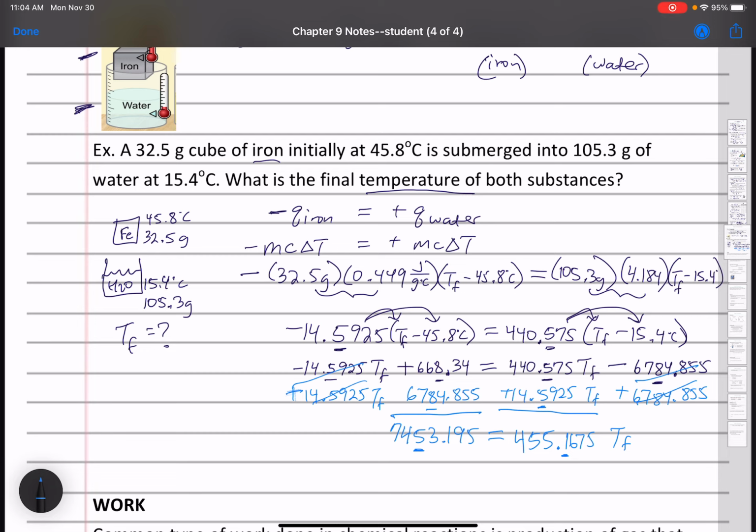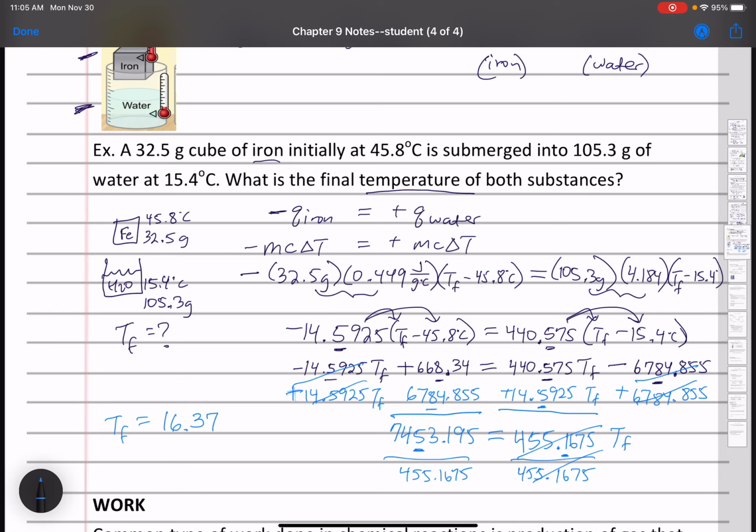So now I have a division problem. This one has 3 sig figs, this one has 4 sig figs. Dividing both sides by 455.1675, that cancels out, and I get TF equals 7453.195 divided by 455.1675, and that equals 16.37.